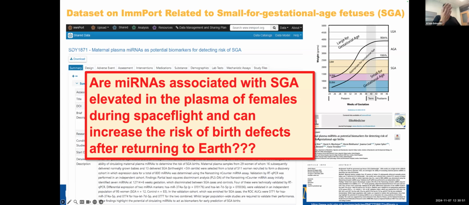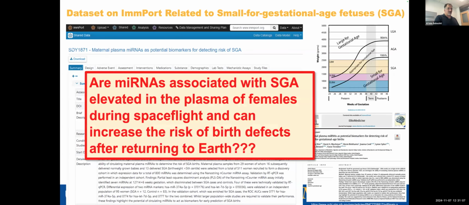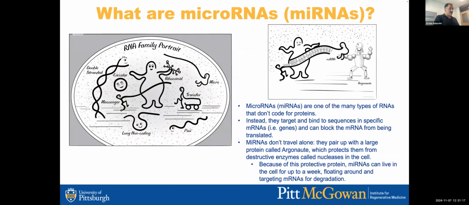And if these are maintained after the females come back from spaceflight, and a female decides to have a kid and the microRNAs are expressed, can this potentially increase the risk of birth defects? Obviously, if these microRNAs are elevated during pregnancy, that's going to be bad news. So if you go into space and these microRNAs are elevated, and they are still elevated when astronauts come back, that's of course going to be bad news for them during birth.